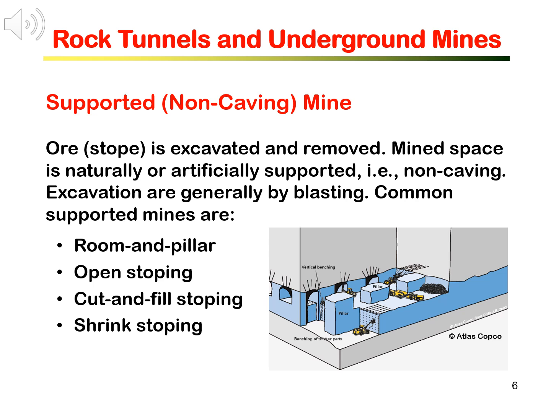We will learn more on those mining methods, including room and pillar and open stoping as naturally supported mine, cut and fill stoping, and shrinking stoping as artificially supported mining.